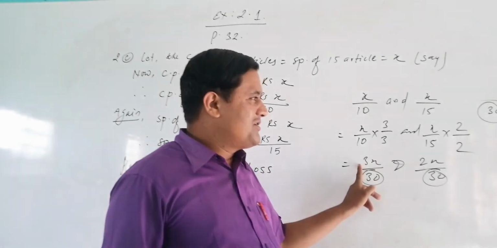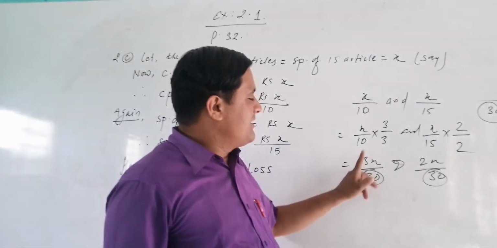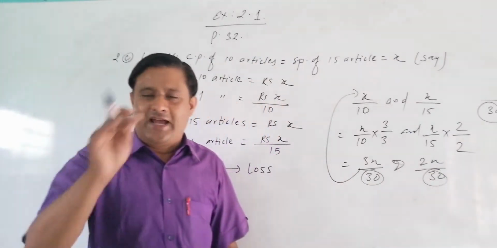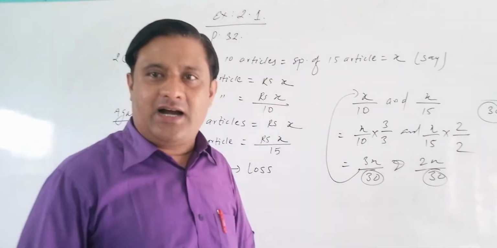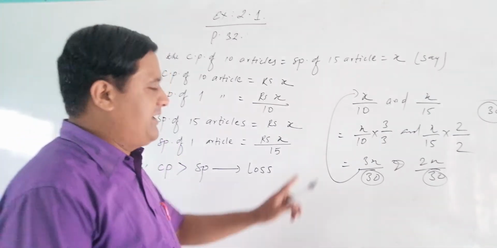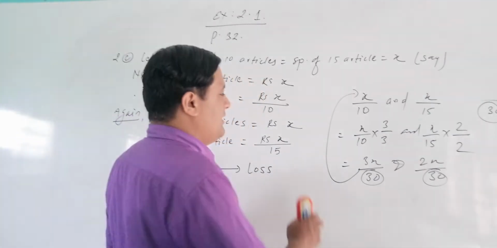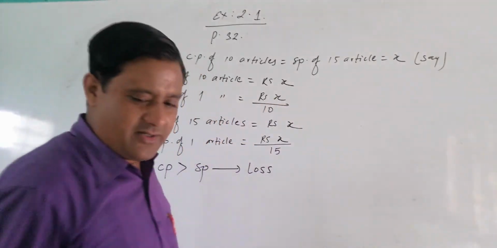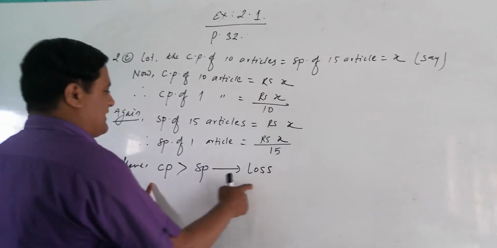That 3 comes from X by 10. This process is the comparison of fractions, and we know very well that X by 10 is greater than X by 15. So that is the loss.